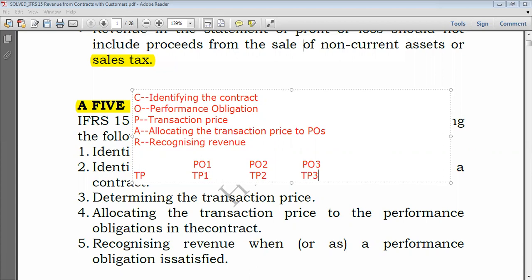So after having done this, you know that you have a contract here, you know your performance obligations, three of them, and then you have your transaction price, which is here, and then you allocate it. This is what I've just done, allocating it. You will find ways to allocate the transaction price, and then you are free. So when we recognize the revenue related to performance obligation one, I would recognize it as or when this performance obligation is satisfied, and it would be based on TP1, transaction price one.